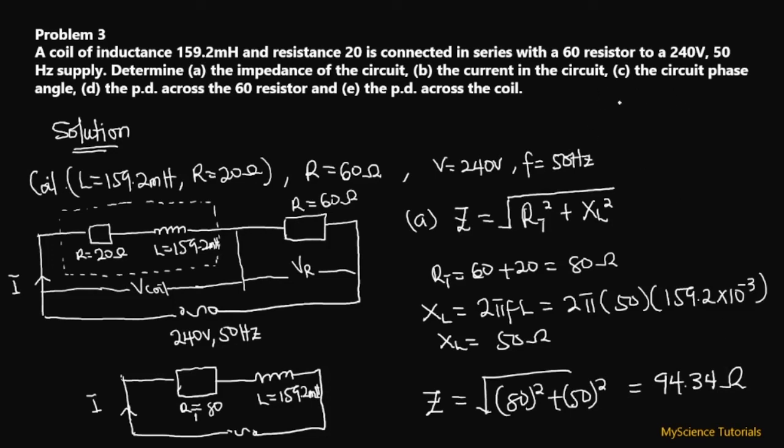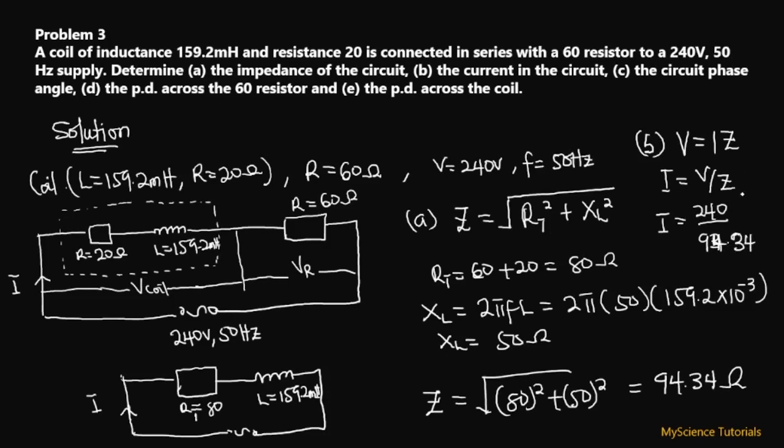So part B is saying we should find the current. We know voltage is equal to IZ, and so our current is equal to voltage over impedance. We know our voltage is 240, and our impedance we just found to be 94.34.